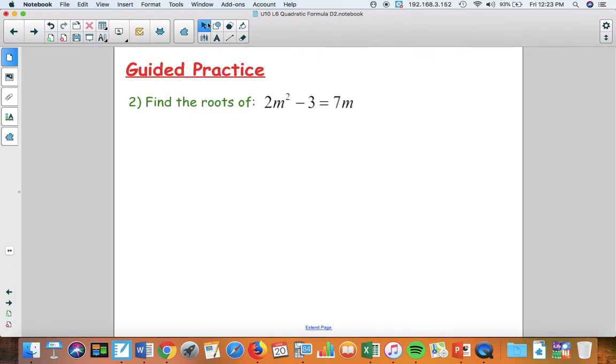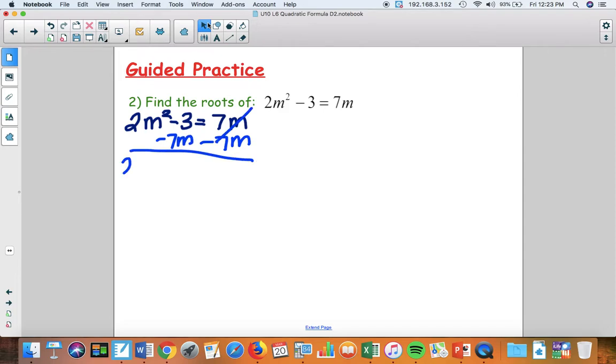All right, let's try another one. It says find the roots of 2m squared minus 3 equals 7m. First step is we have to move everything to one side. So we have to subtract the 7m.